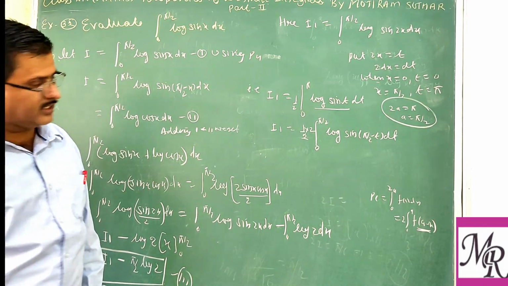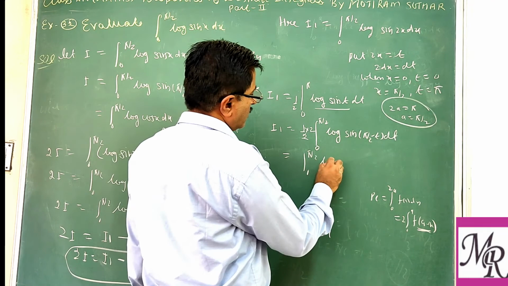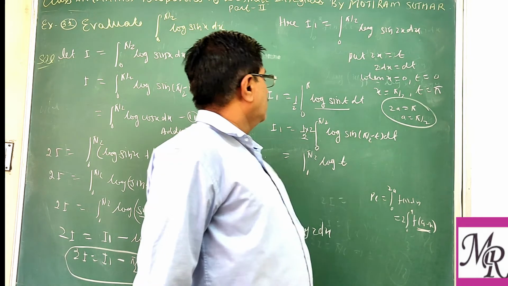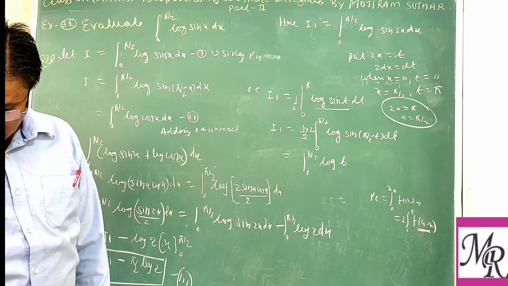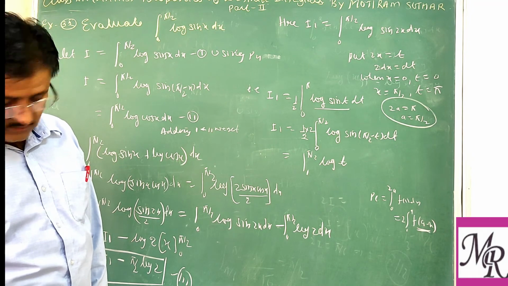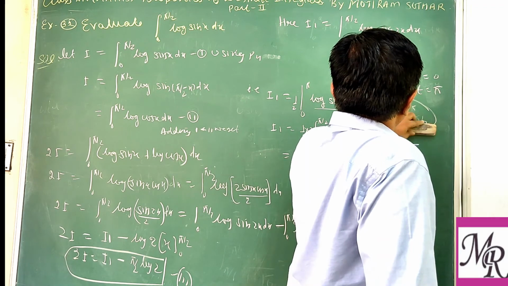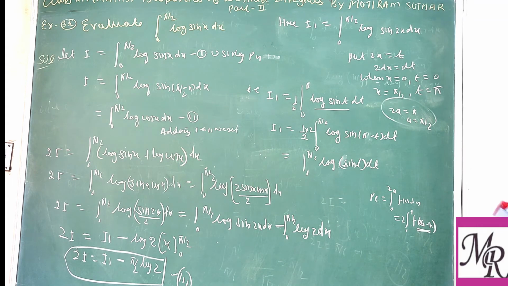Now if you simplify this, 2 into integral 0 to pi by 2 of log of sin pi by 2 minus t, that is cos t, so log cos t. Then 0 to pi by 2 log sin t.